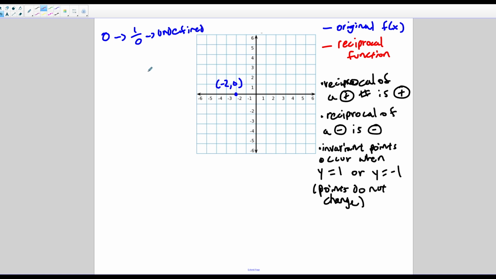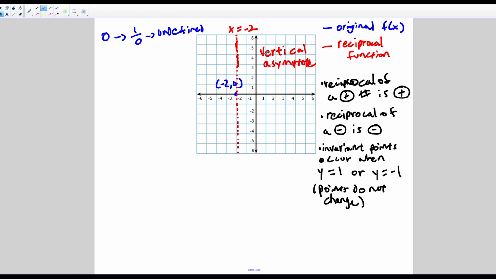Once we find out that something is undefined, it actually creates an invisible line. And let's go ahead and draw this invisible line right here. See if I can stay on the line right there. So this invisible line at x is equal to -2 is what we call a vertical asymptote.